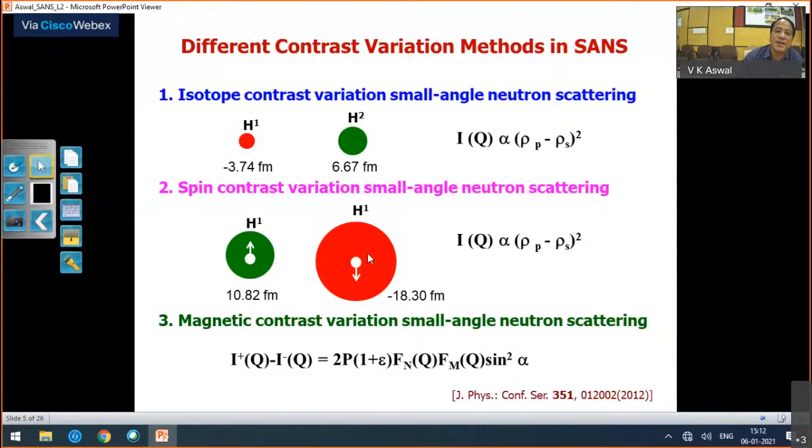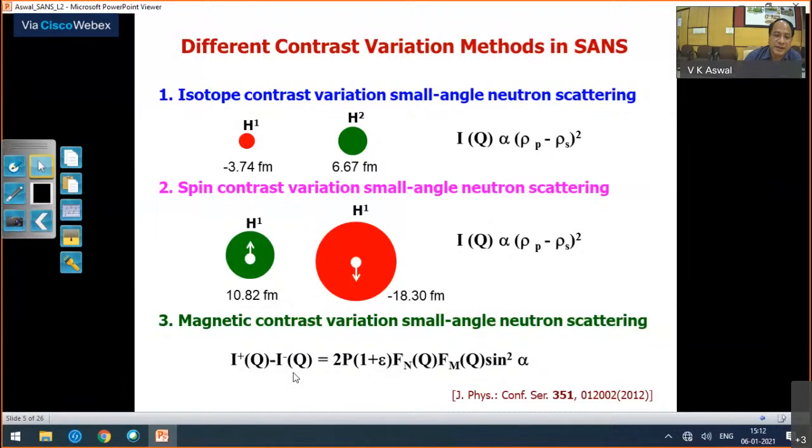For example, in the case of hydrogen, you can see these numbers are even larger than what is for the isotope. So in principle, if you can make use of this technique, it will be much more powerful than your isotope contrast variation. And in fact, there are groups who make use of this technique.